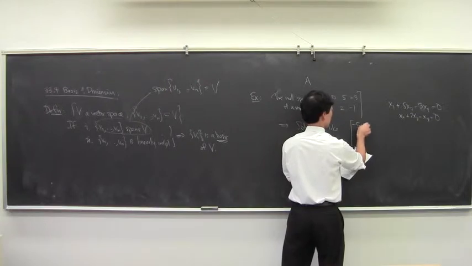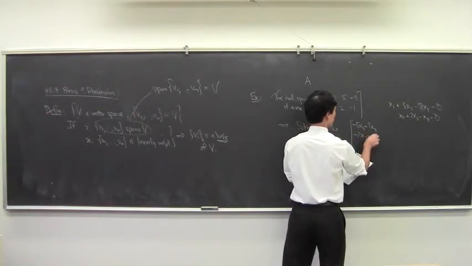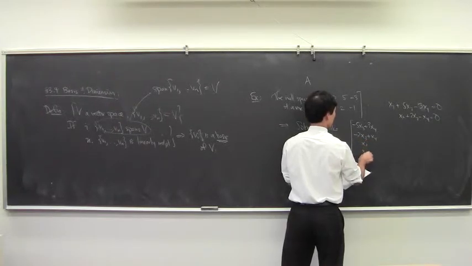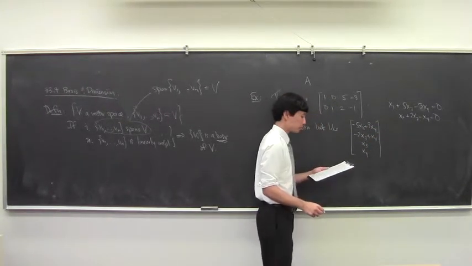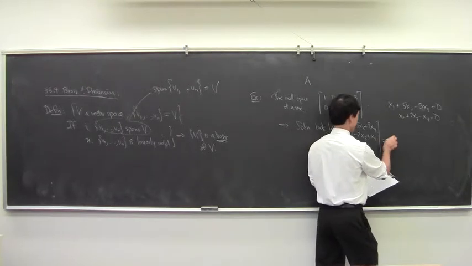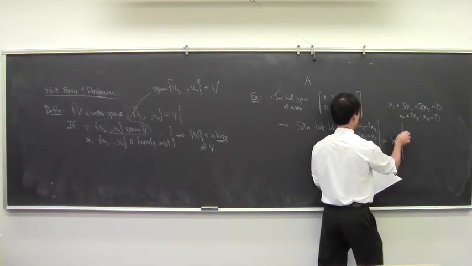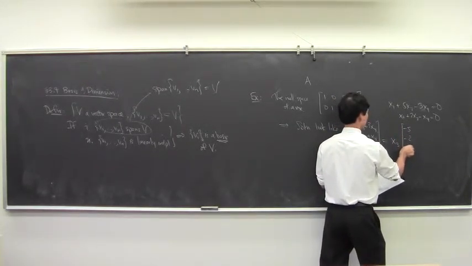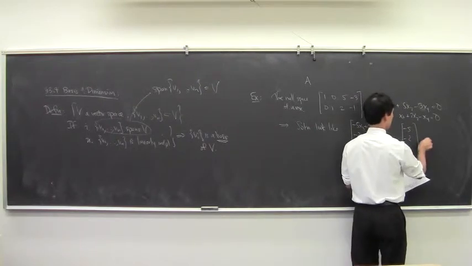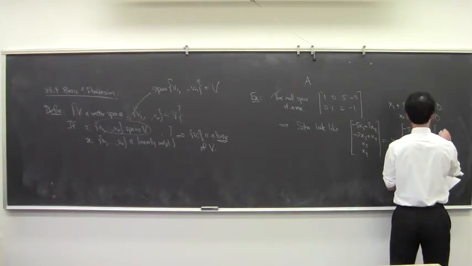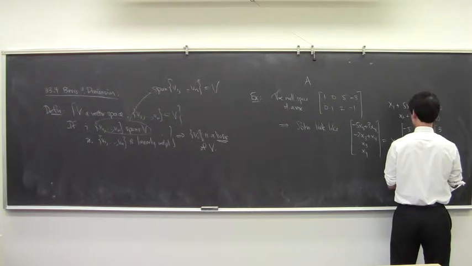Negative 5x3 plus 3x4, negative 2x3 plus x4, x3, x4. In other words, they look like some number times (negative 5, negative 2, 1, 0), plus some other independent number times (3, 1, 0, 1).